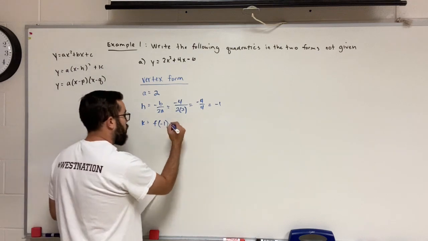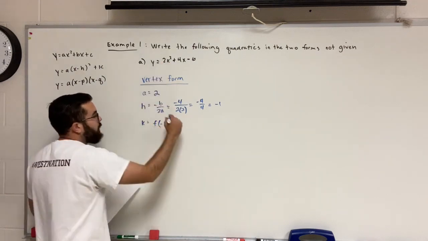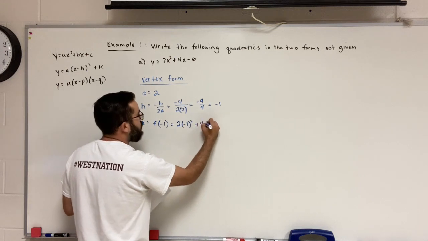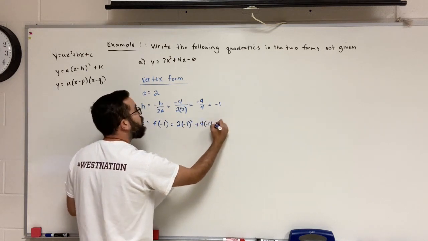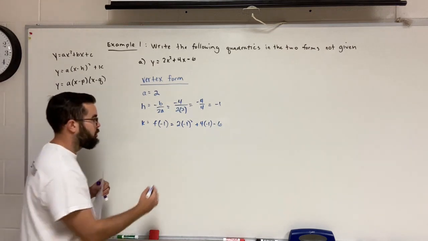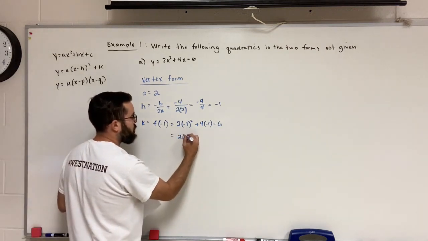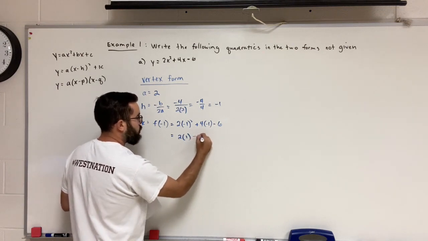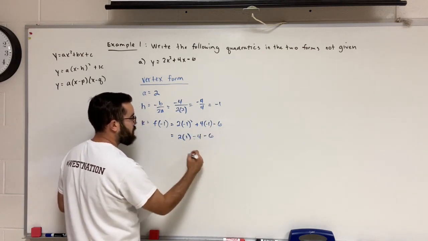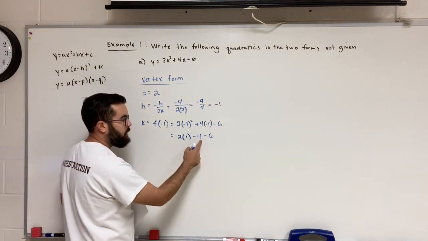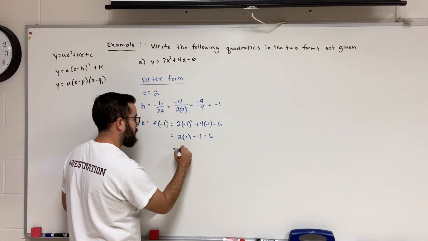I'm plugging in negative 1 for x, so I have 2 times negative 1 squared plus 4 times negative 1 minus 6. That's 2 times 1 minus 4 minus 6, so that's just 2 minus 4 minus 6. 2 minus 4 is negative 2, minus 6 is negative 8.